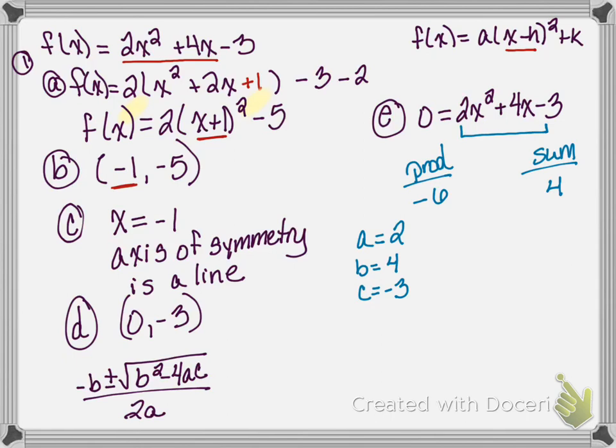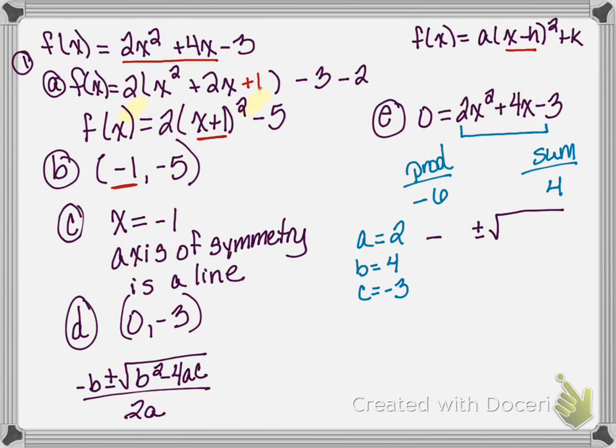So now I'm going to do -b plus or minus the square root. Okay, I should have written 4 for b, and I wrote -b. Sorry.